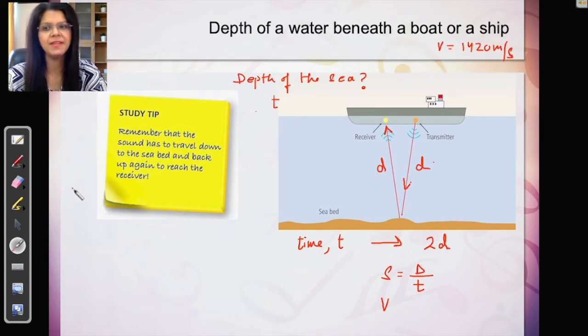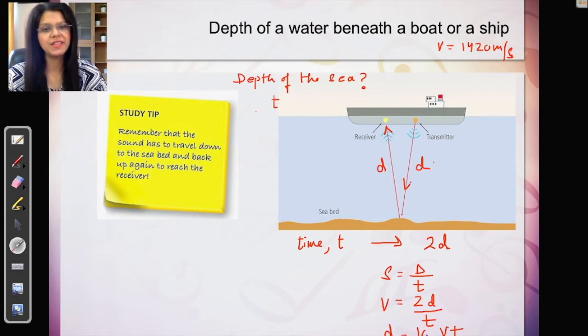So V is equal to 2D over T. So how much is the depth? D is equal to half VT.